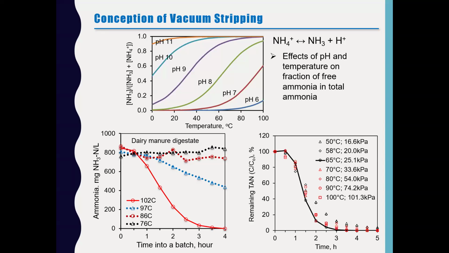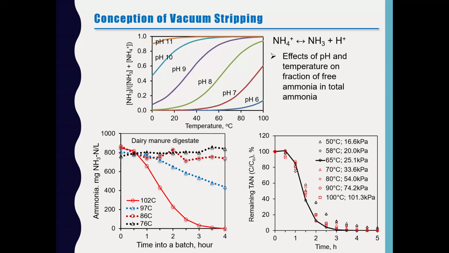So our first idea was to test the effect of temperature on ammonia removal. We didn't introduce any stripping gas, we just heated the wastewater. What we did differently was to test temperatures up to boiling.